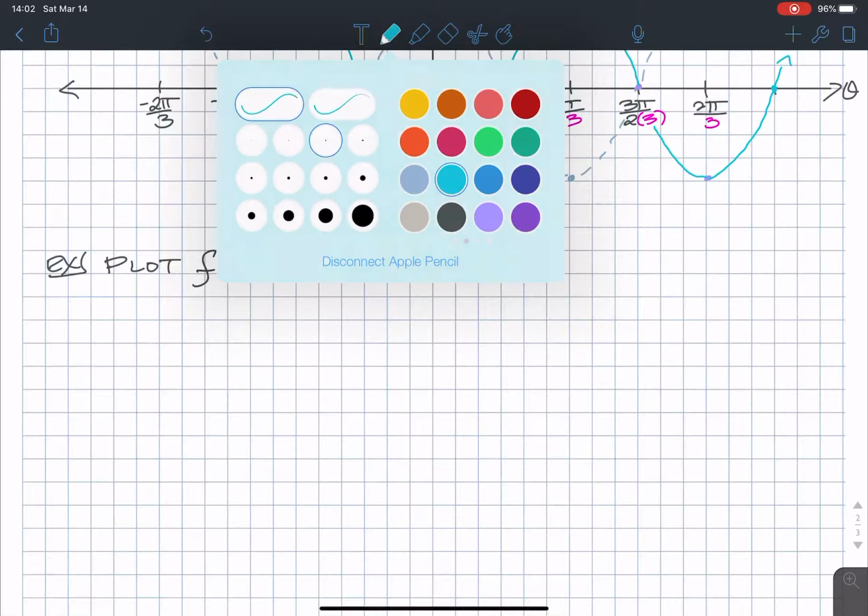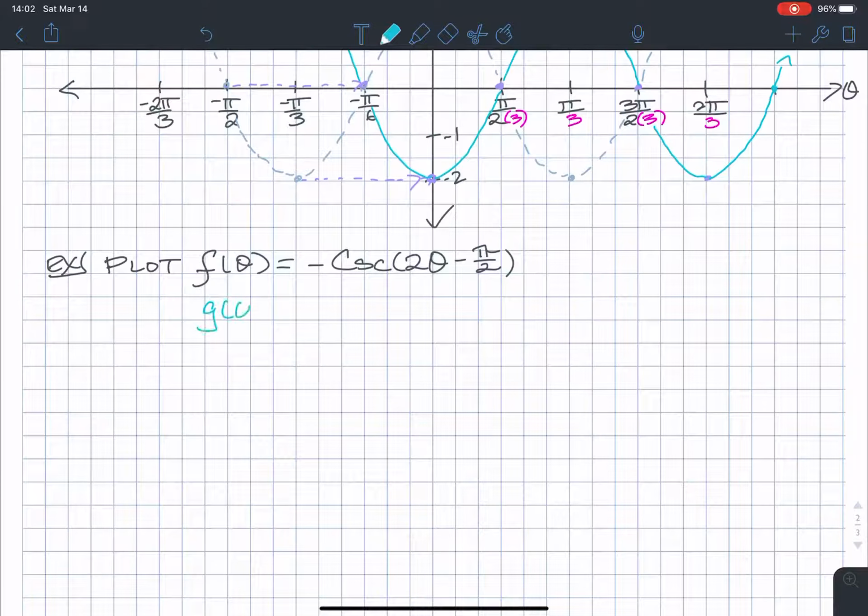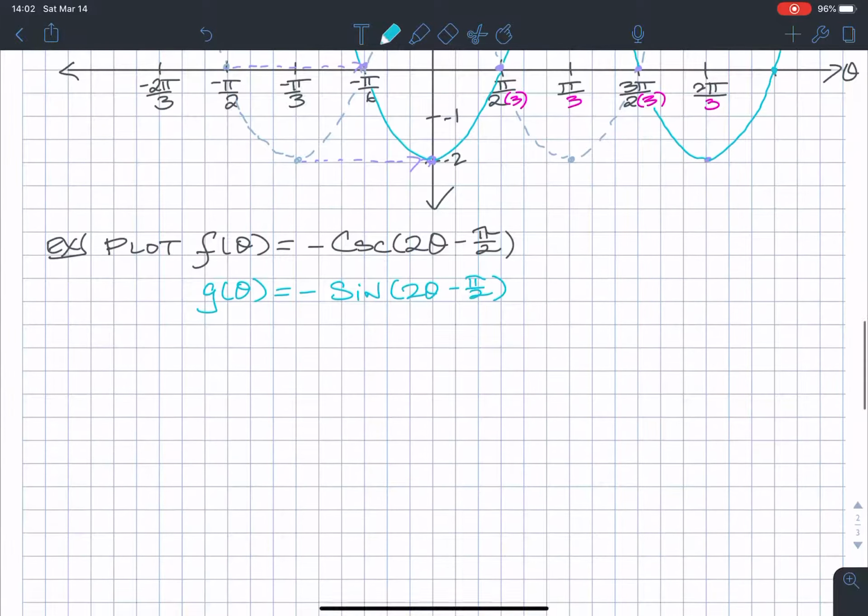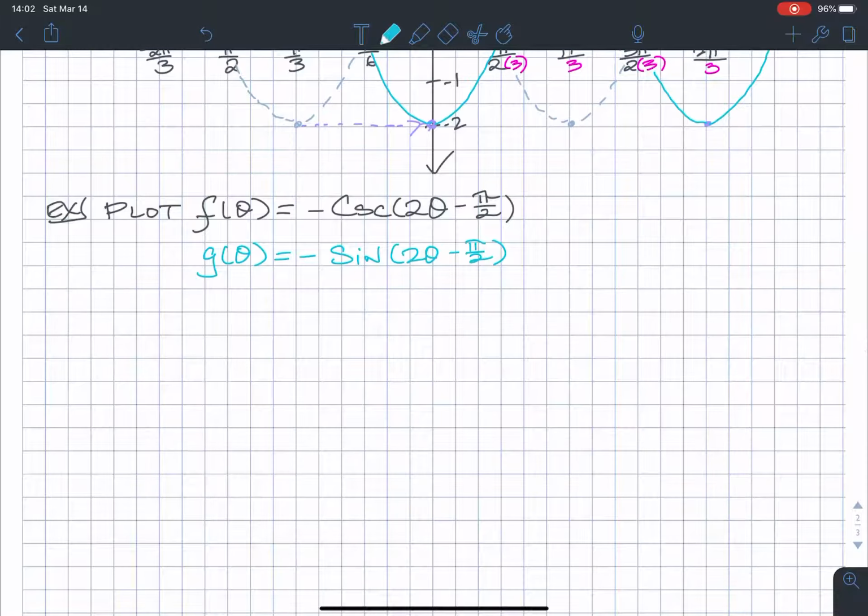Okay, so of course we're going to consider g of theta being equal to negative sine of 2 theta minus pi over 2 for purposes of helping us graph. Then I'm going to factor out the lead coefficient of theta, so that's 2, open parentheses.